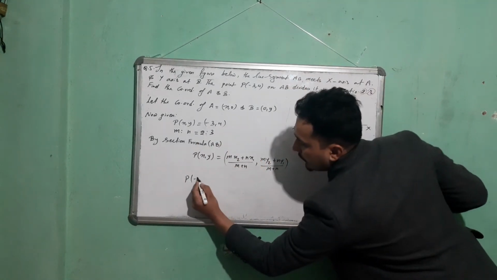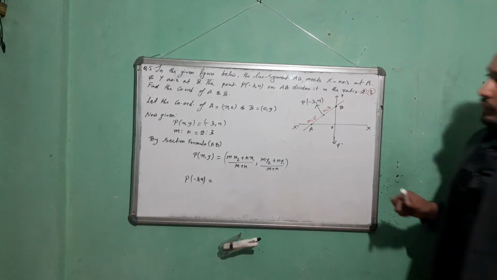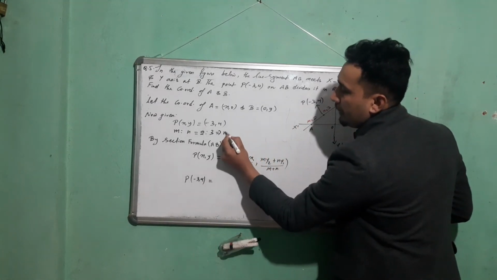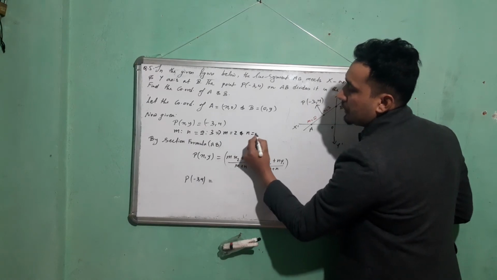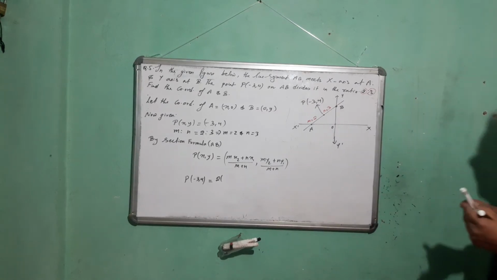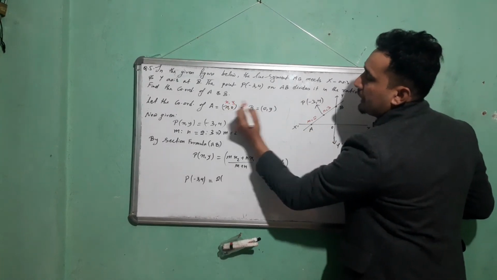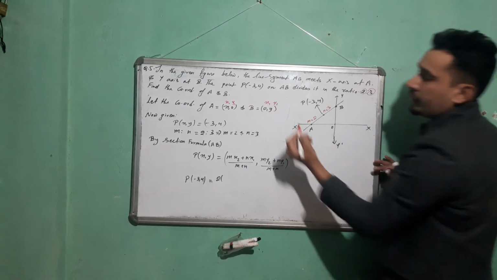From here m is 2 and n is 3. This is x1, y1, and this side is x2, y2.